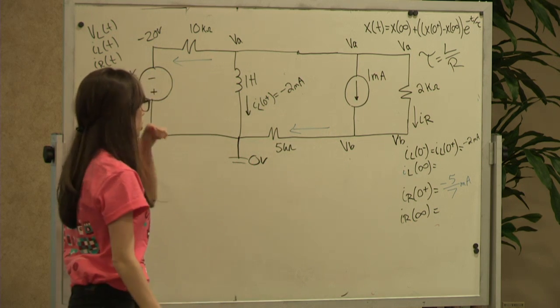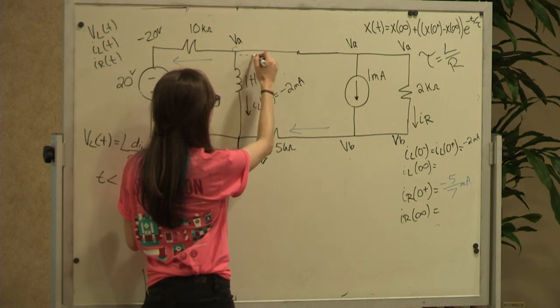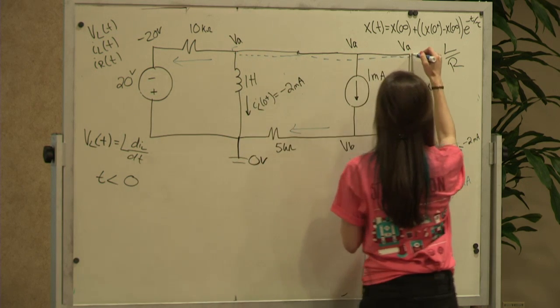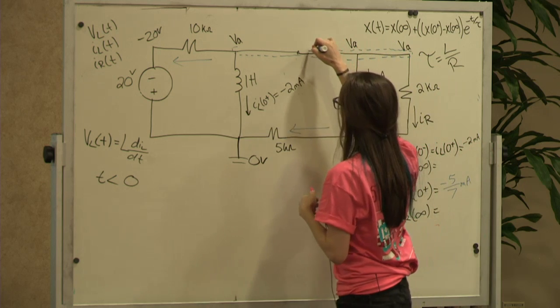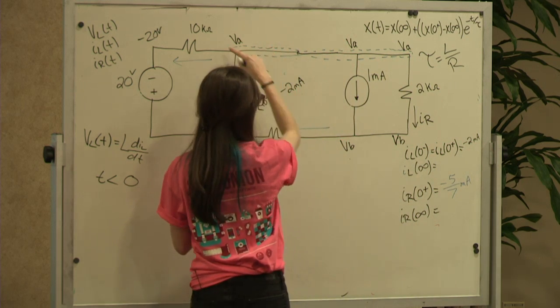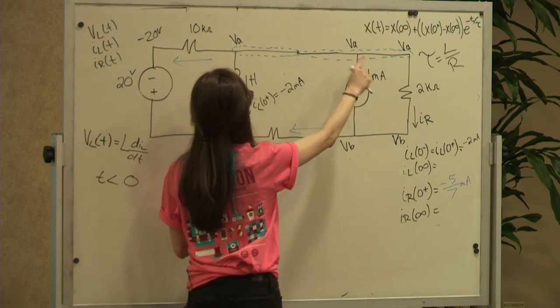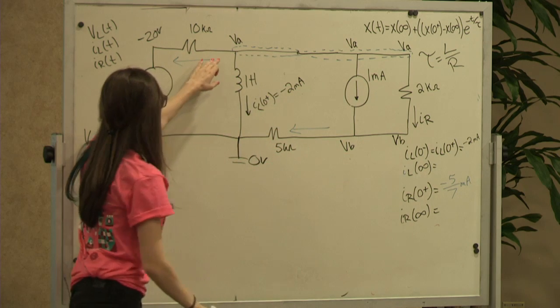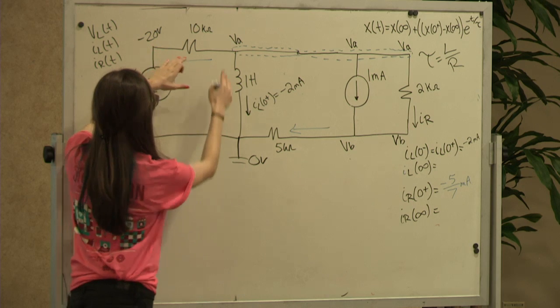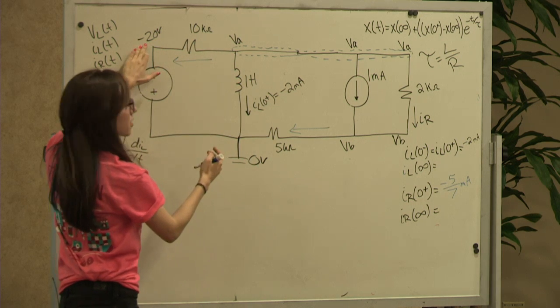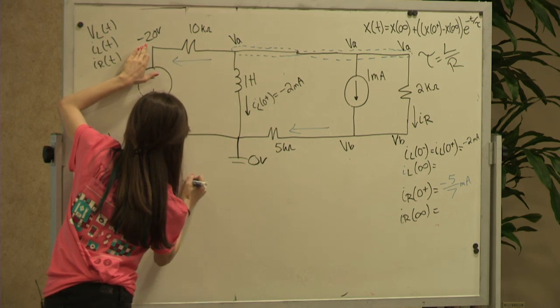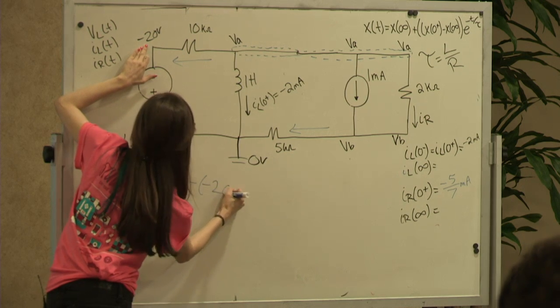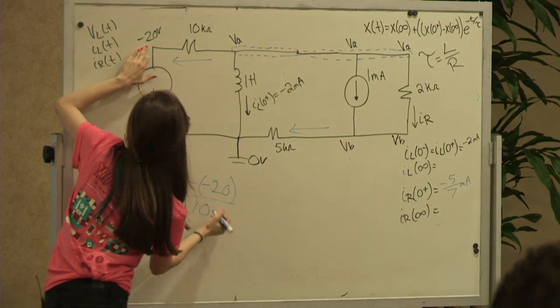Okay, so we're going to do one big KCL at the node. You do it at each homogeneous node. So here, this is all VA. So there's one big KCL, and everything's leaving. Here, the current is going to be VA minus 20 over 10.